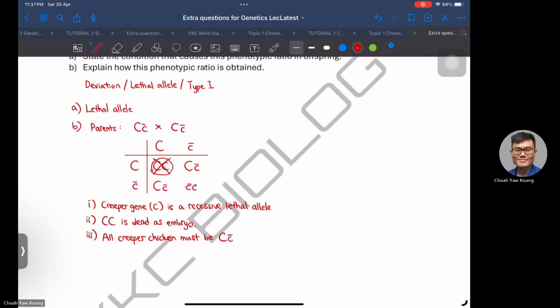With that, that's why we can get the ratio of 2 creeper chicken to 1 normal chicken. That's the reason of this ratio. So with that, that is all for this question number 3.